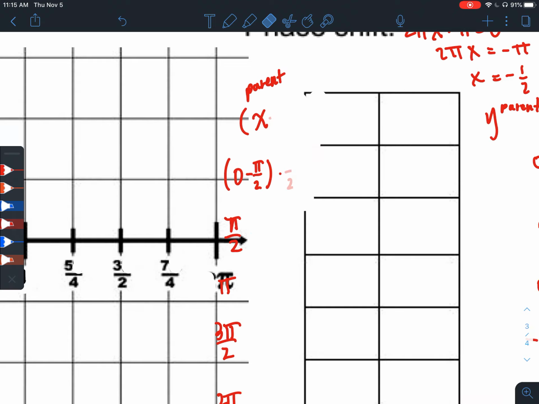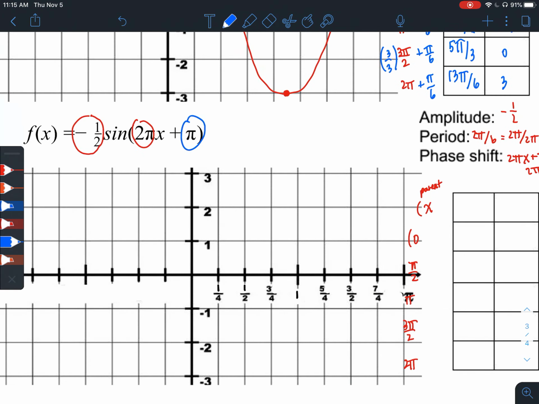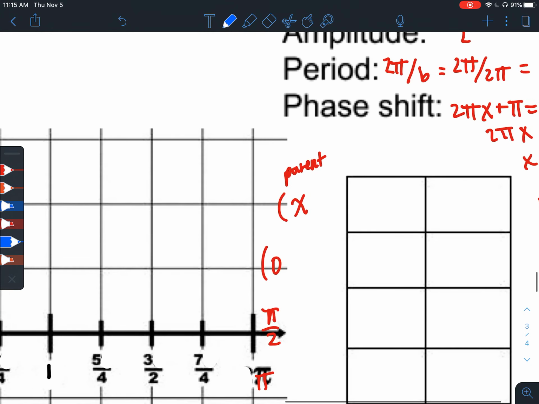Okay, here we go. So we want to subtract pi, because that is our c value. So this is our c value and this is our b value. We are going to subtract c, then divide by b. So subtract pi, multiply by 1 over 2 pi, and we get negative 1 over 2.